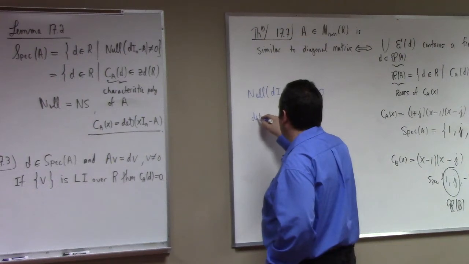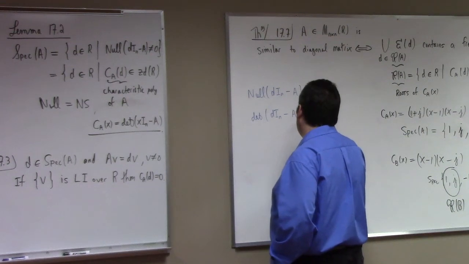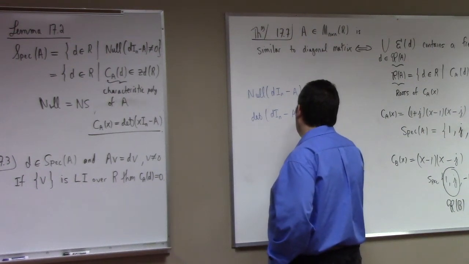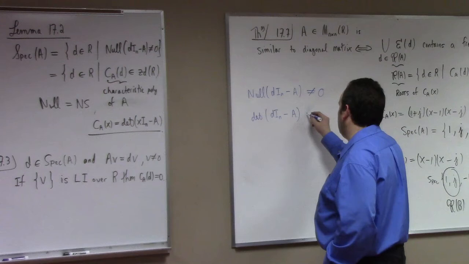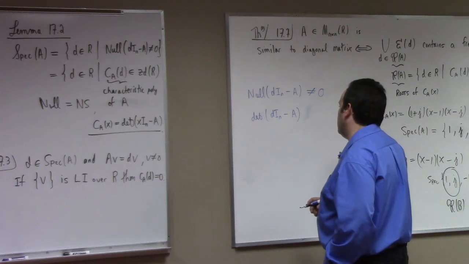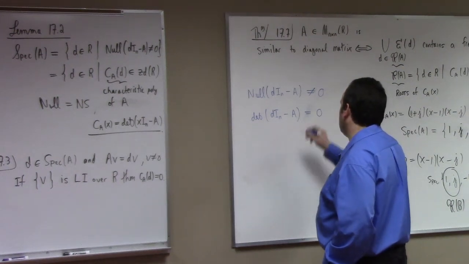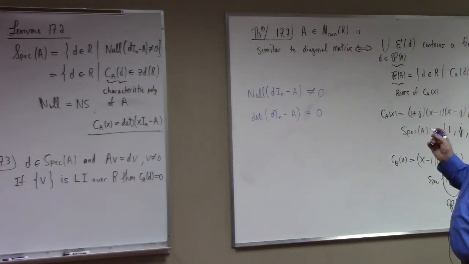The determinant of dIn minus A. If this is equal to 0, that means that the null space actually has a basis which could be used as part of a free R module basis.